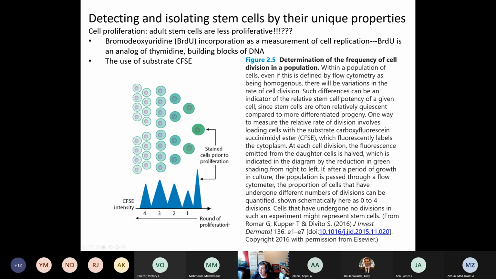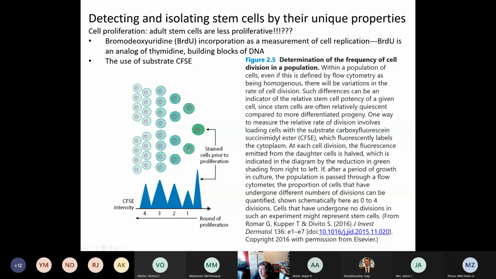Okay, now, when you culture the cells, they're going to go through proliferation. And now, if you run the whole population through a flow cytometer, you're going to see that some cells didn't divide at all. So they have the original amount of CFSE. They keep all the CFSE.